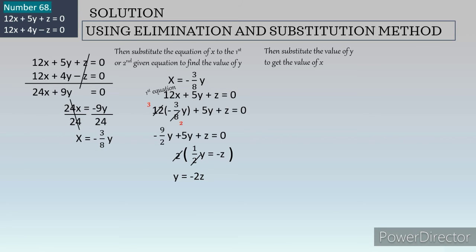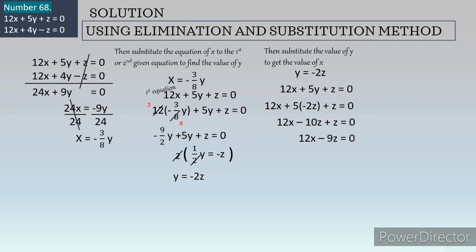Then substitute the value of y to get the value of x. I also use the first equation for this. And now we have 12x plus 5 multiplied by negative 2z plus z equals 0. Now we have 12x minus 10z plus z equals 0. And then combining like terms, 12x minus 9z equals 0.